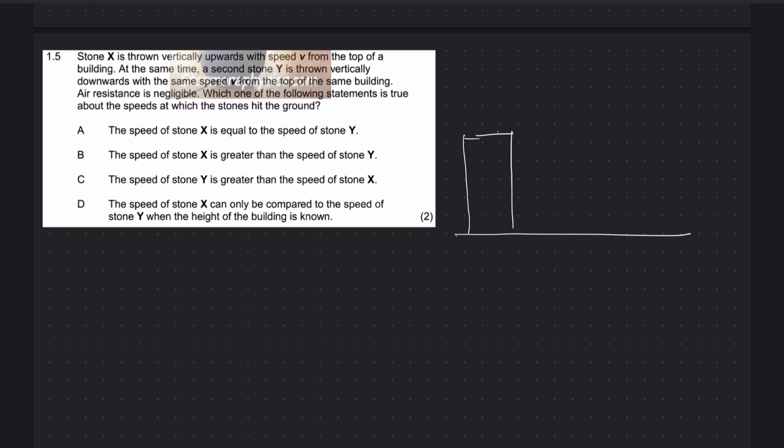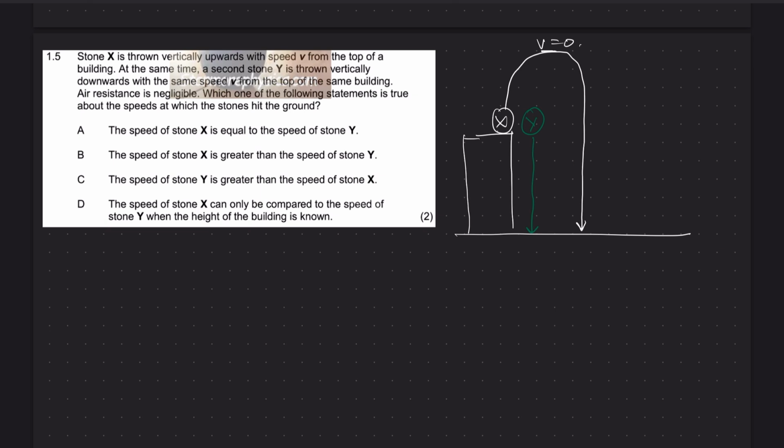You have stone X thrown up and hits the ground. Then you have stone Y, which is thrown straight down. Now, what we know about the motion of X is that at some point here at the top, its velocity is going to be 0.